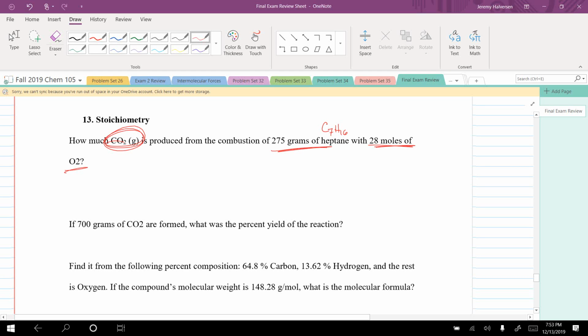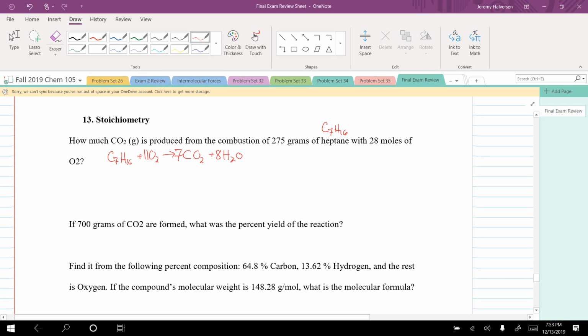So I need some way to relate heptane and O2 to CO2. Following? And the only way I have to relate that is an equation, so this is a 16. Is this 11?